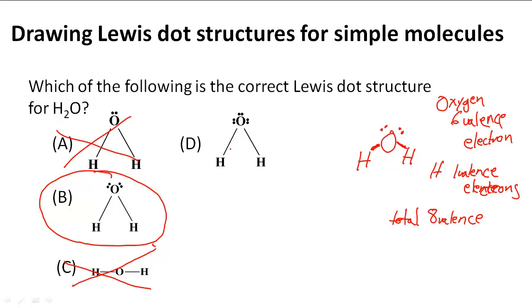But it's kind of a trick answer because remember that this line counts for 2 valence electrons. So in total, this whole structure has 10 valence electrons. To have 10 valence electrons, we would have to make sure that this has a 2 negative charge, meaning it has 2 extra valence electrons. But it is not 2 negative, so that means D is actually wrong. So B is the correct answer for this problem.